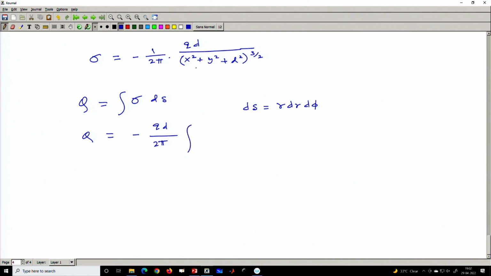I change my coordinates: x square plus y square is there, but dS I write in terms of r and phi for convenience. Since x square plus y square is r square, I can use r square plus d square whole to the power 3 by 2.